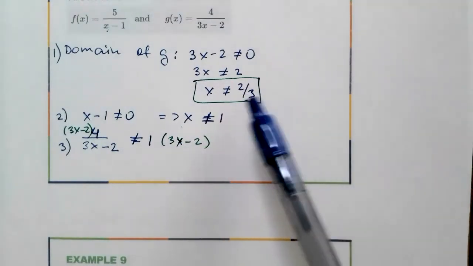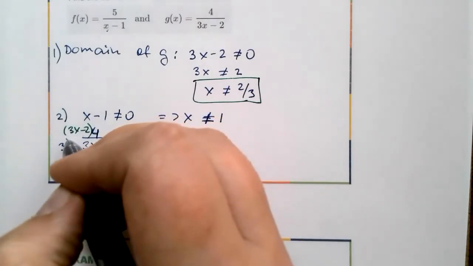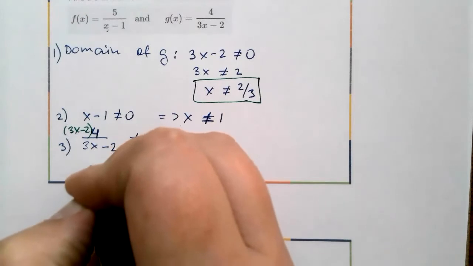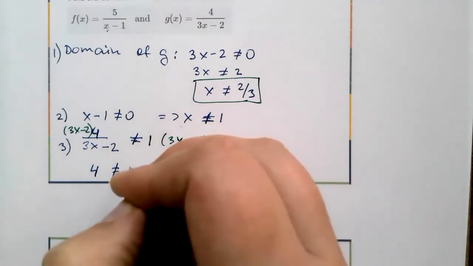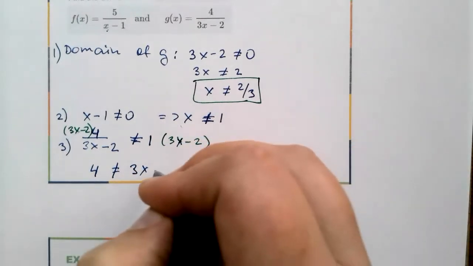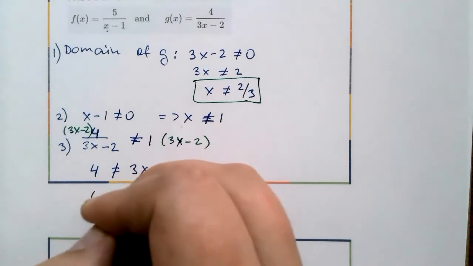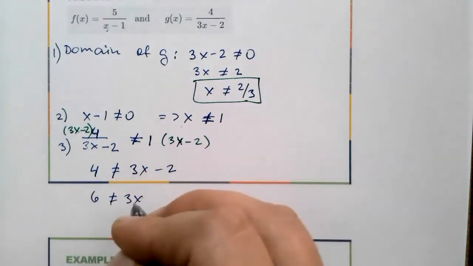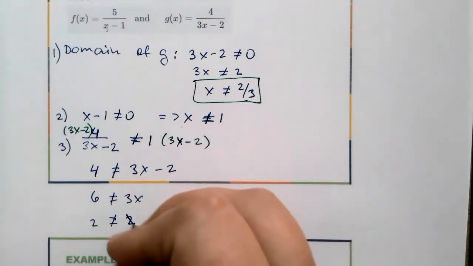So the denominator gets canceled out, so we have 4 is not equal to 3x minus 2, and then adding 2 to both sides, we have that x is not equal to 2.